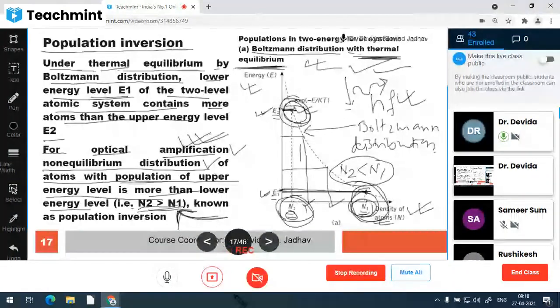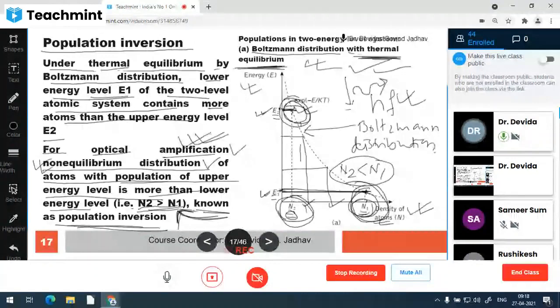असं जर non-equilibrium, if this type of non-equilibrium is generated, this is known as population inversion. Population of the atoms is inverted. Generally, the conduction state has fewer atoms and the valence state has more atoms.